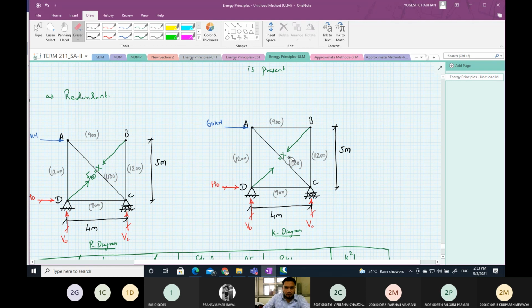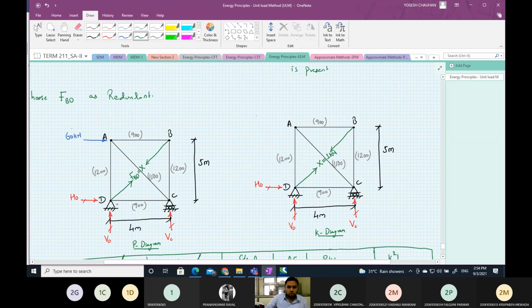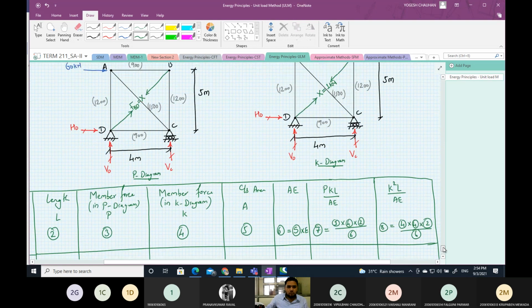Here we'll apply the unit value of 1 kilonewton. So remove the applied load. X equals 1 kilonewton. So we have chosen this as redundant.